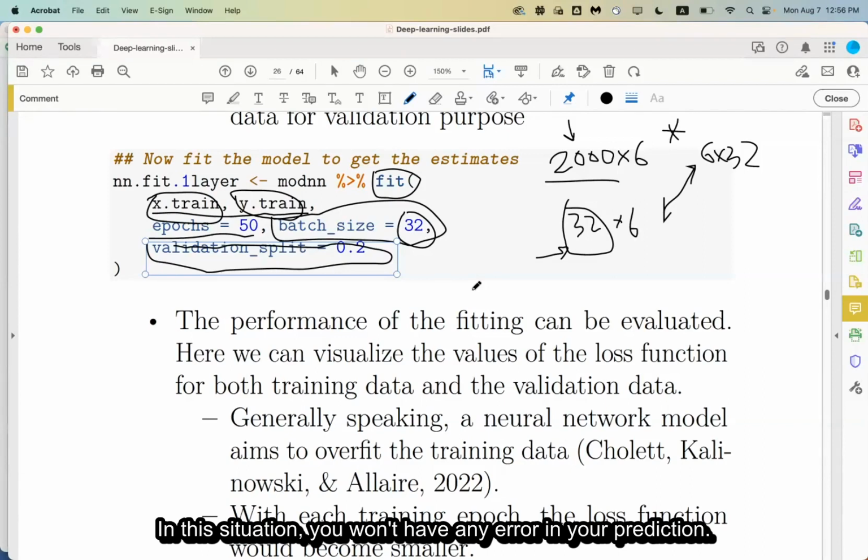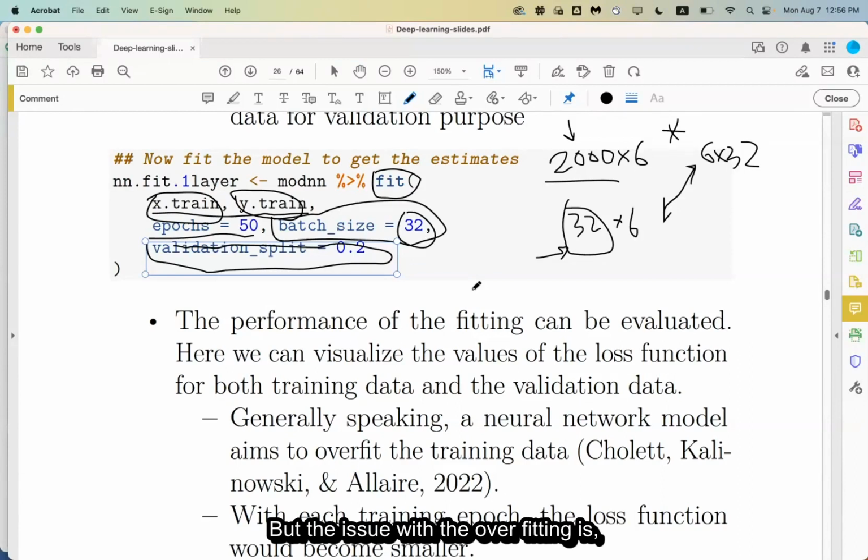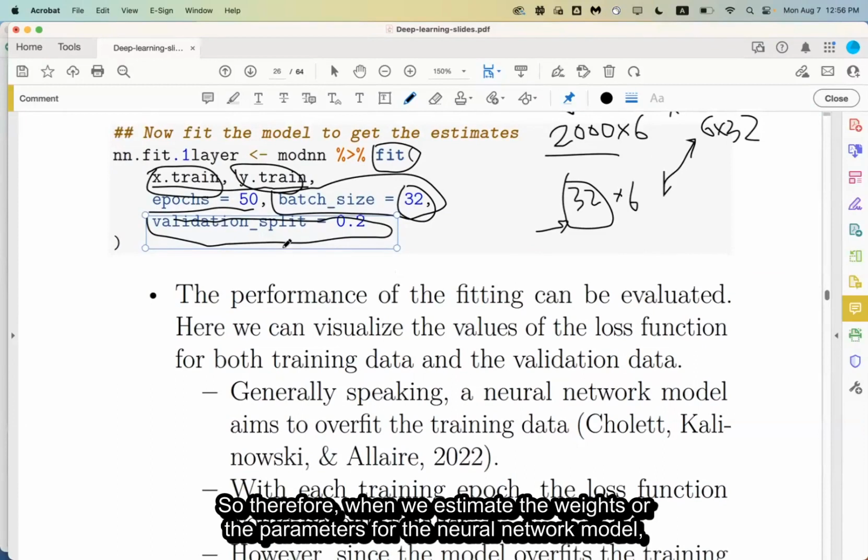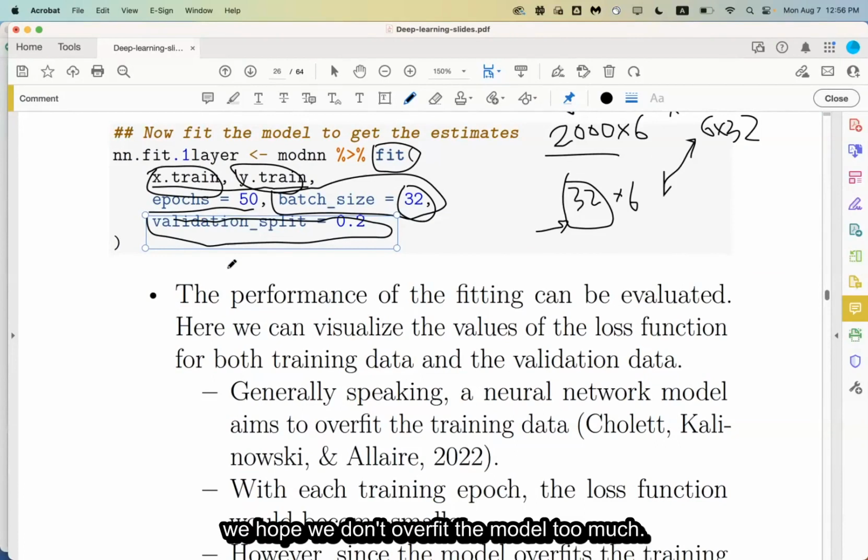In this situation, you won't have any error in your prediction. But the issue with overfitting is if we want to apply our model to a new set of data, then the prediction can be very bad. So therefore, when we estimate the weights or the parameters for the neural network model, we hope we don't overfit the model too much. We hope we can predict the outcome using the new data well enough.